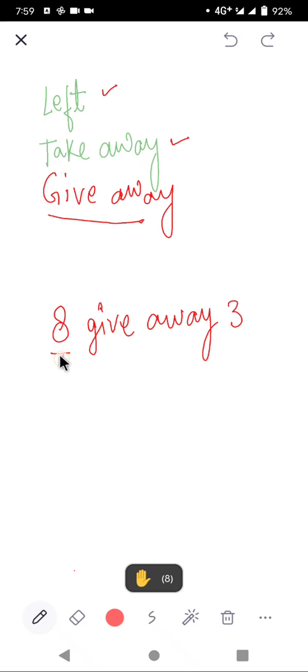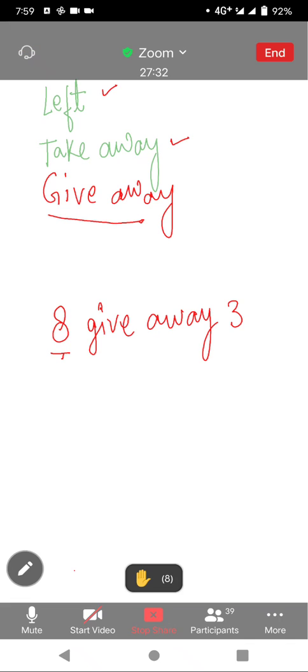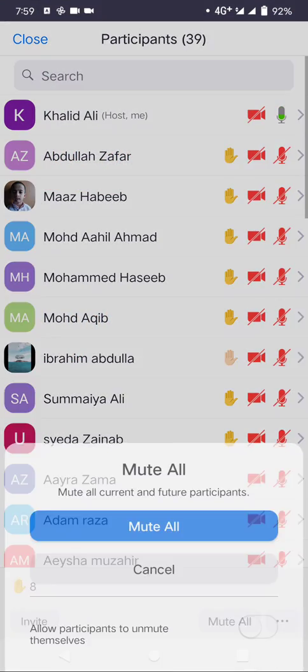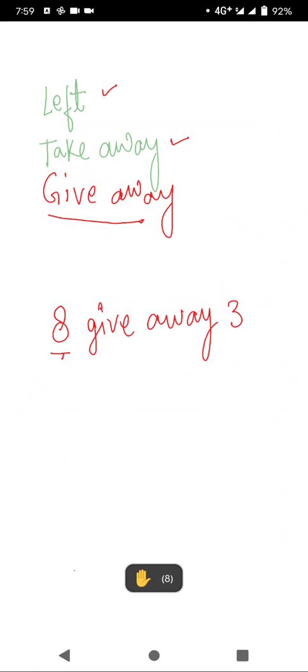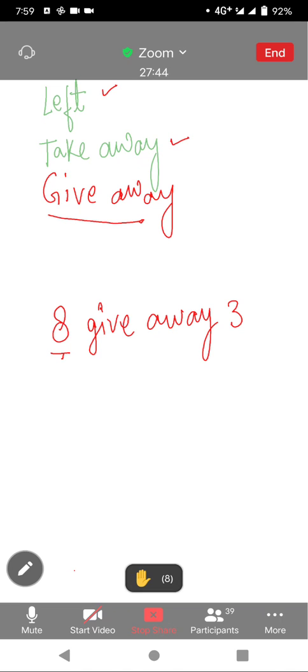You have 8 balls and you have given away 3 balls from 8 balls, so how many are left with you? Tell me students. 5. Yes, 5. Very good, 5.